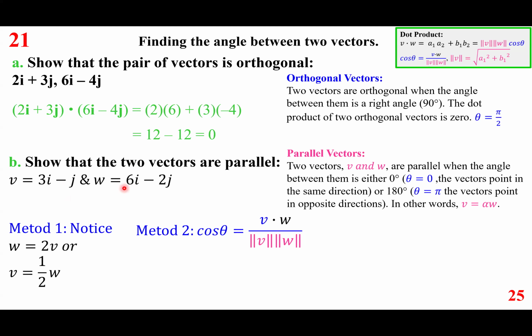And this one is 6 squared, 36, and 2 squared, 4, which is 40. I hope you see I've skipped a step here: 18 and 2 is 20. The product of those is 400. 20 is the same as the square root of 400. The answer is 1. If cosine is 1, theta must be 0. And that's the proof, everybody.